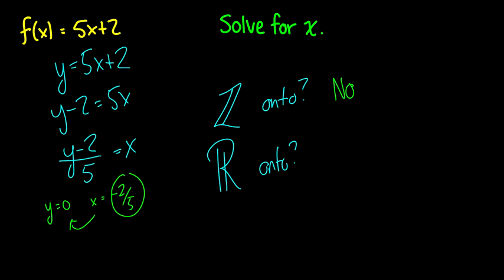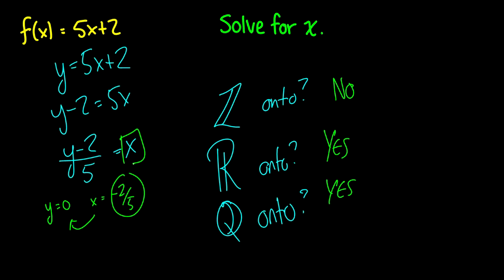However, in the set of reals and rational numbers, it is going to be perfectly acceptable, because you can see that any value of y that you plug in, you're going to get some x value that can be put into the function in a real or a rational number.